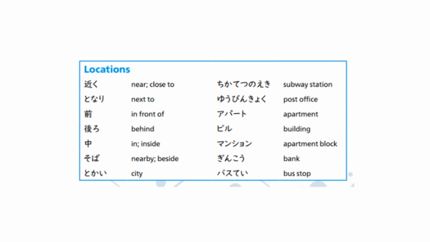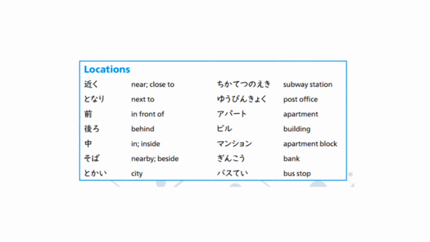Naka, which means in or inside. Soba, which means nearby or beside. Tokai, which means city. Chikatetsu no eki, subway station.